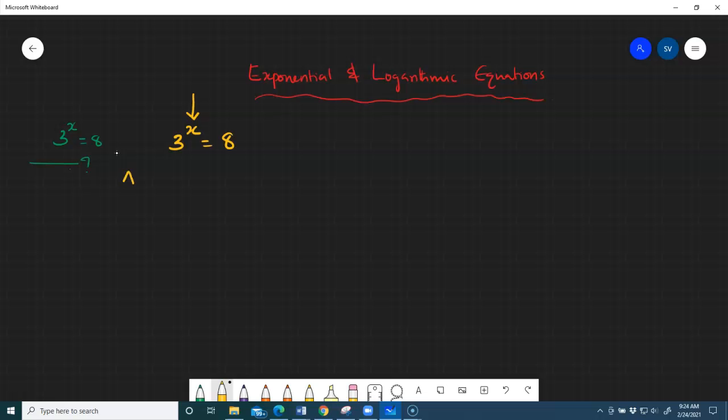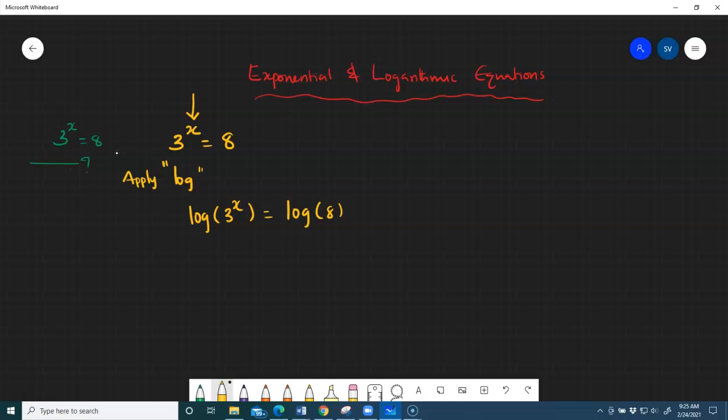Actually, we would call it the natural log, but I'm simply using log with base 10 here. It is not making any big difference in the basic sense. So this is log of 3 to the power x is equal to log of 8. Because on both sides we are applying the same thing, it is not changing the value of the equation.